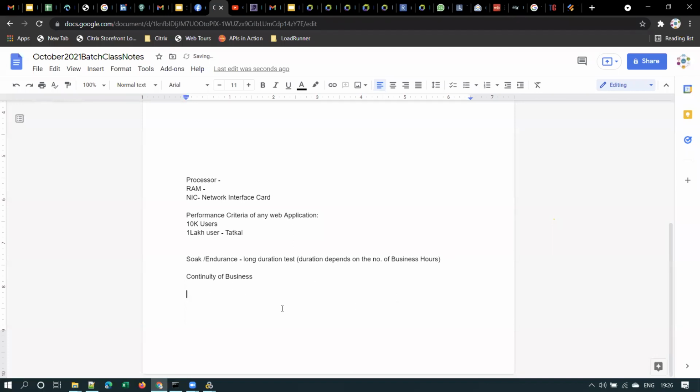In India, for example, State Bank of India has its headquarters in Mumbai, and suppose there is some natural calamity or floods in Mumbai, and you have power interruption for 1 or 2 days. They will have power backup, but that may not be sufficient for more than 1 or 2 days, isn't it?